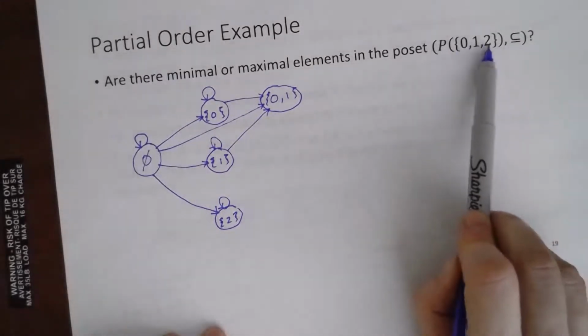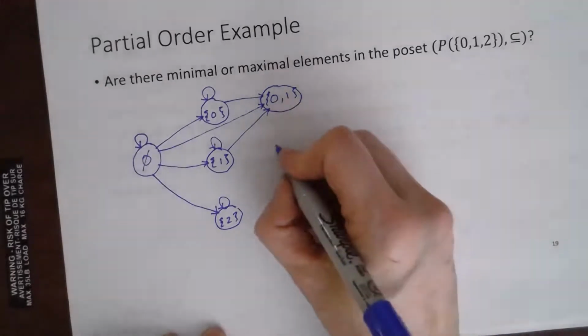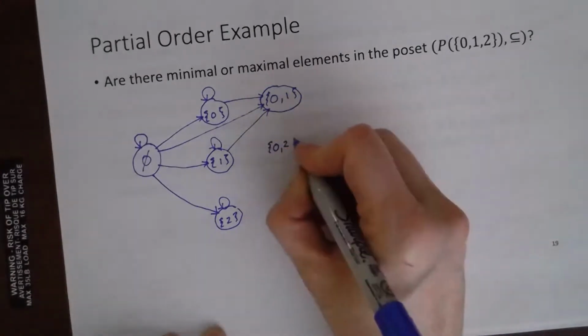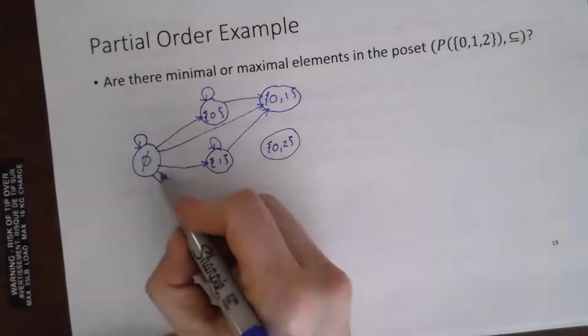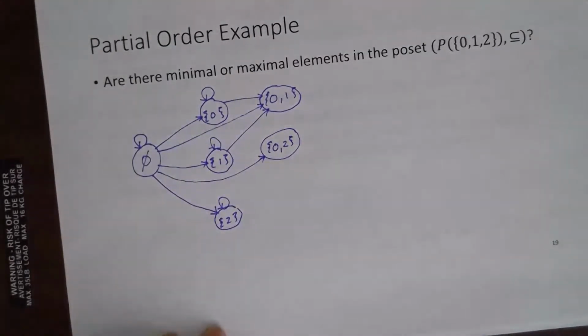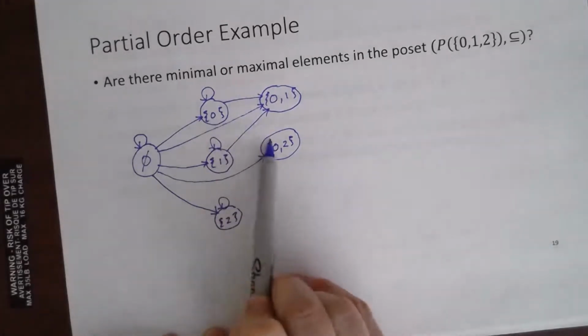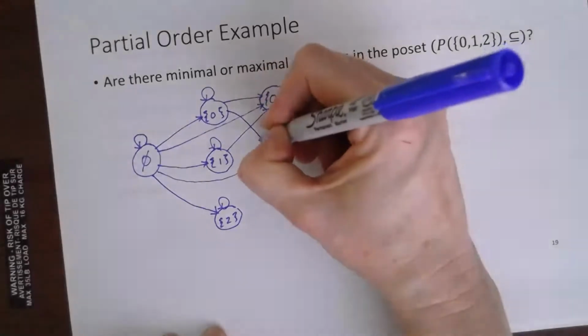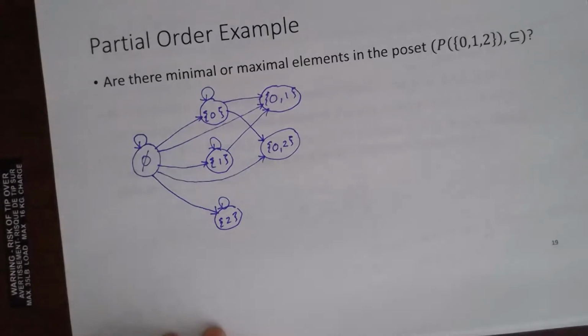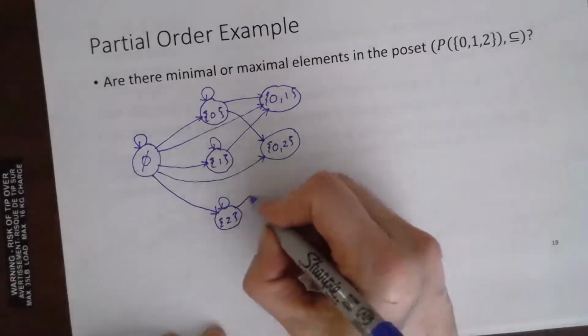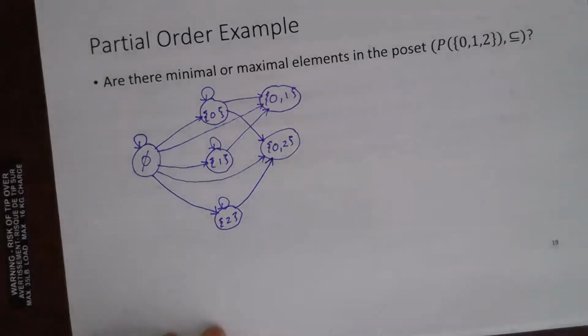Let's maybe do 0 and 2 next. So 0 and 2. Of course, we've got the empty set a subset of everything, so I've got to put that one in there. And then 0 is a subset of that. 1 isn't, so I don't need an edge there, but 2 is, so I would put 2 in. And then which subset of size 2 am I missing?